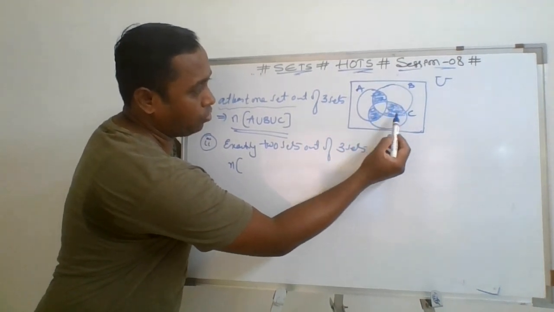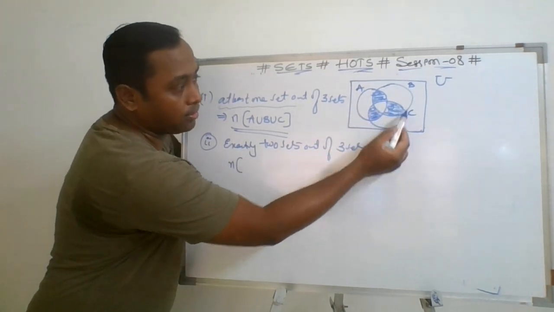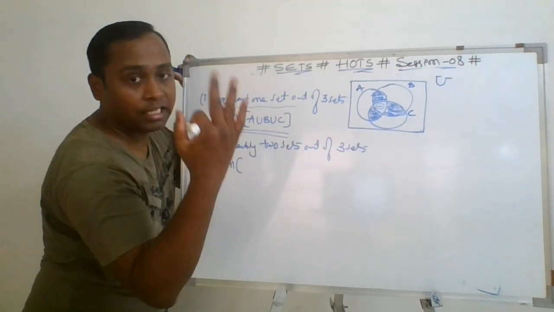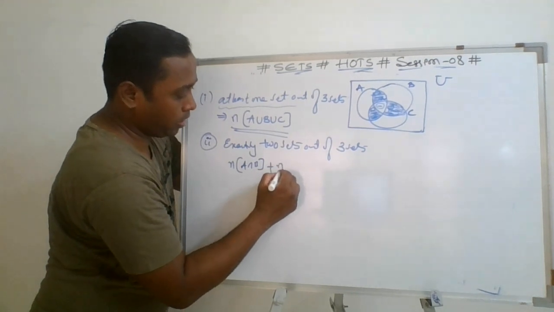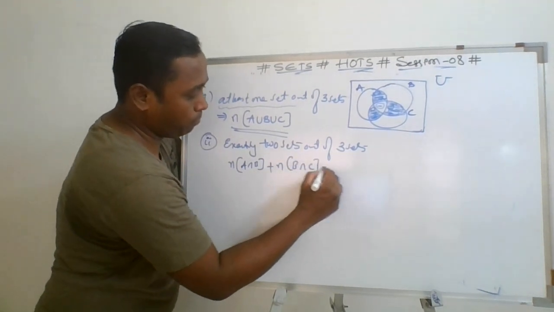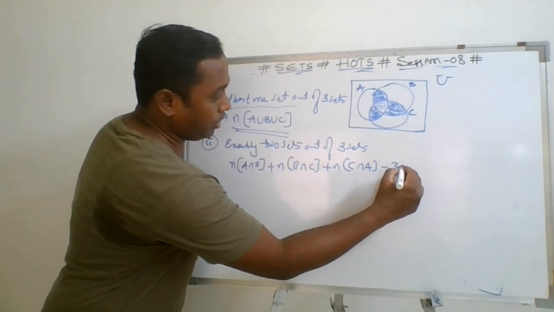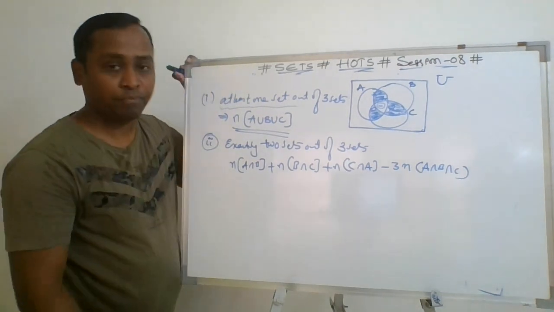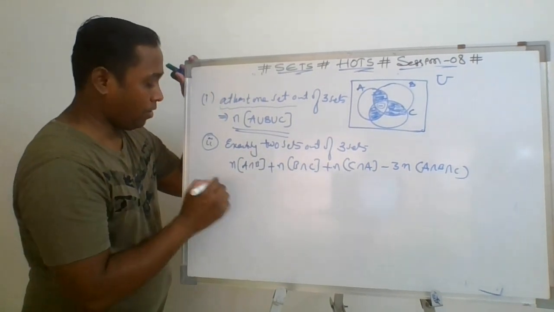So how did we get this? A intersection B, B intersection C, C intersection A में से ये part को आपको remove करना है 3 times. Simply, number of A intersection B plus B intersection C plus C intersection A minus 3 times the number of A intersection B intersection C. This is when they are asking exactly two sets out of three sets.